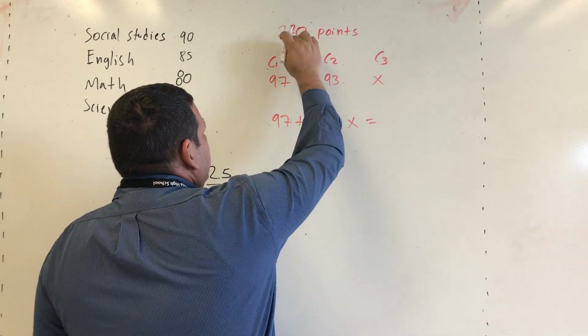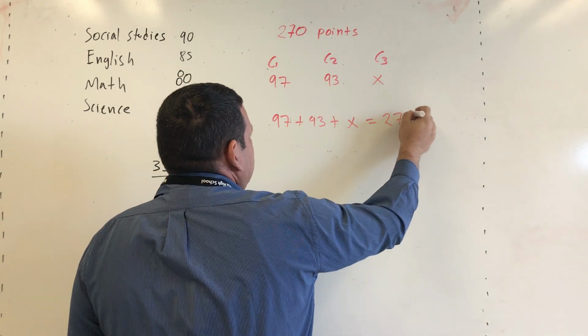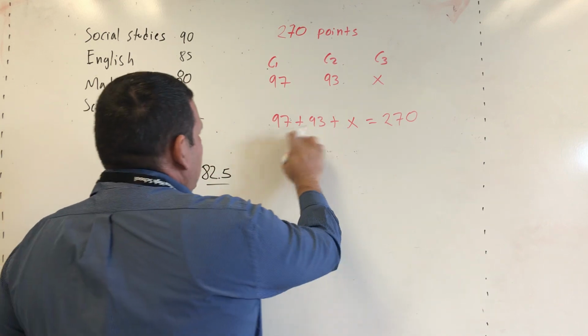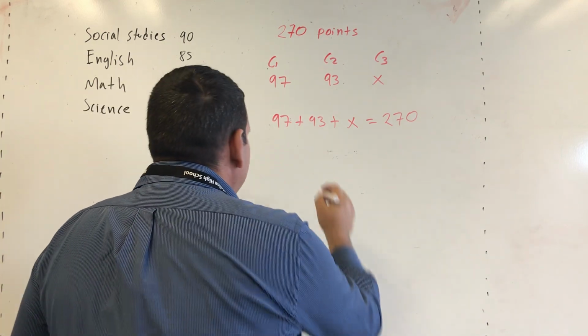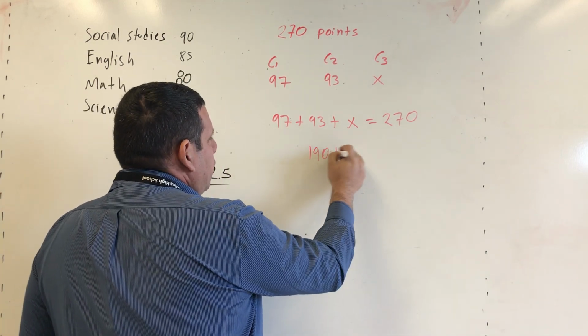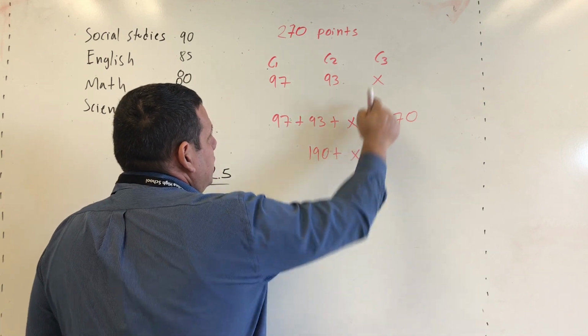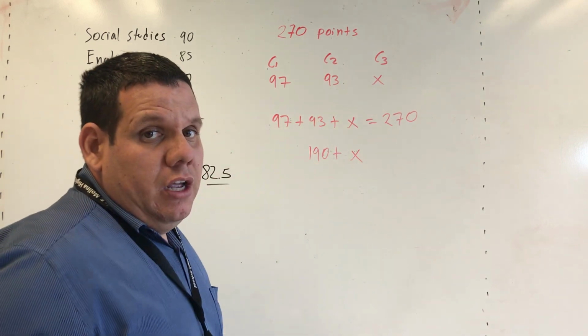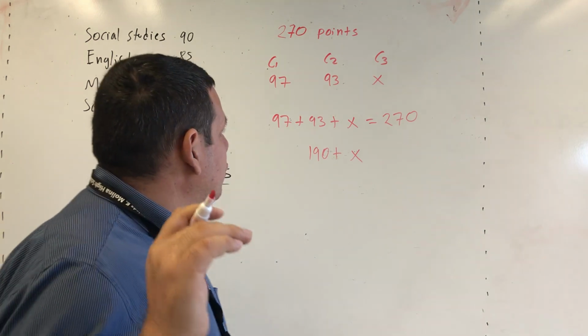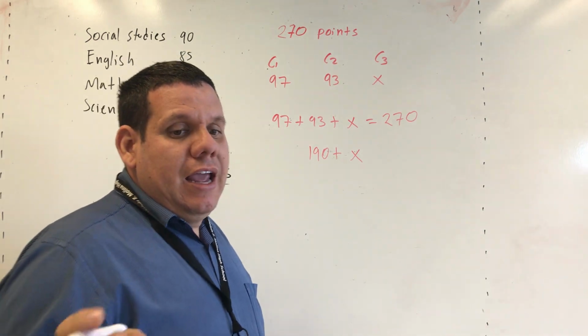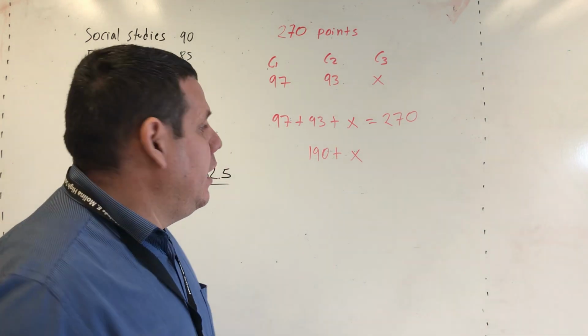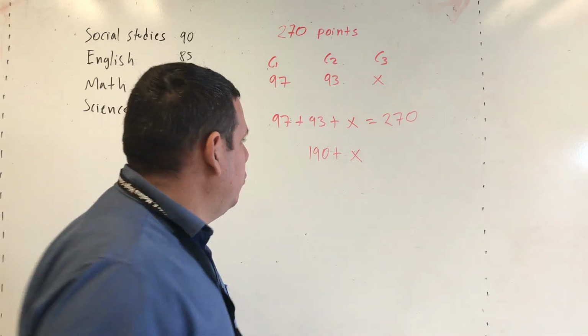Those should be at least 270. So you need to add these two. So adding this, we have 190 plus X that represents the grade that you are looking for in order to have the 270 points and avoid the end of semester test with me.